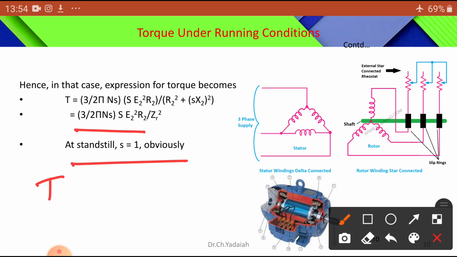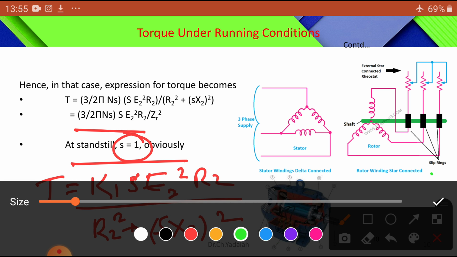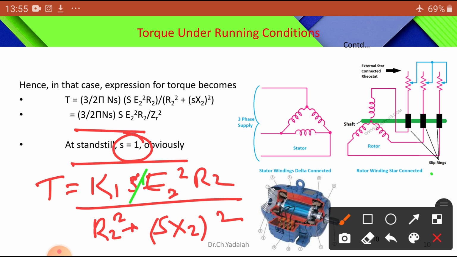So what is the torque? Torque is equal to K1 into S into E2 whole square R2, divided by R2 whole square plus S x2 whole square. Now if S is equal to 1, then what will happen? This becomes 1, this becomes 1. Then we get K1 into E2 whole square R2 by R2 whole square plus X2 whole square, simple, at standstill condition.